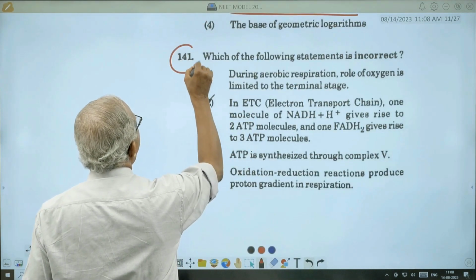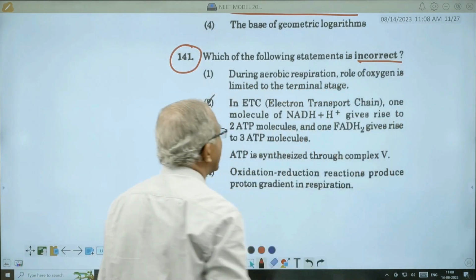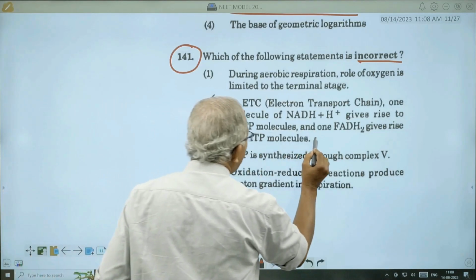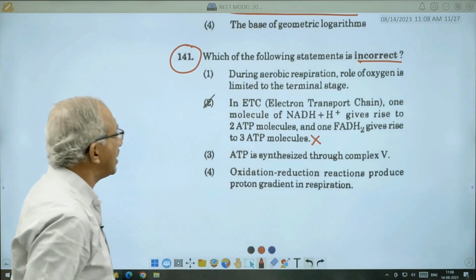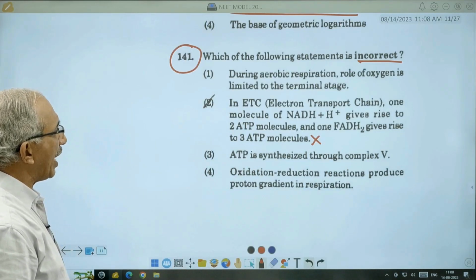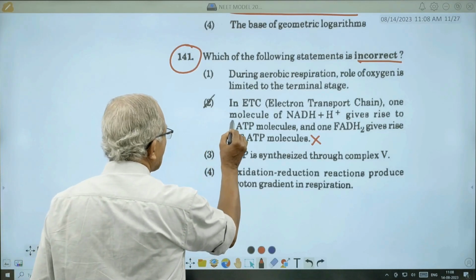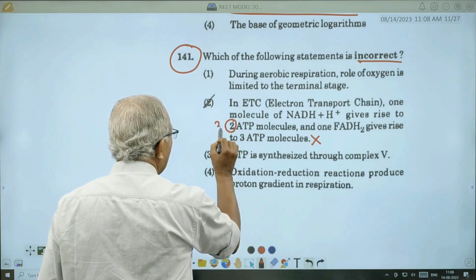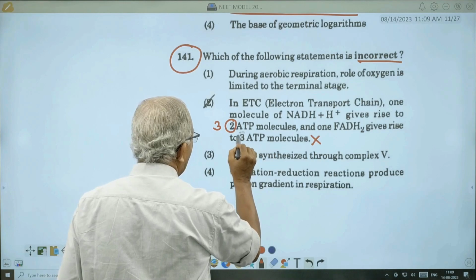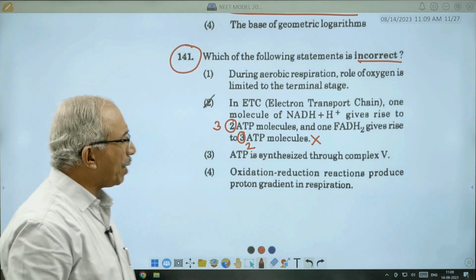141. Which of the following statements is incorrect? Statement number 2 is incorrect because in ETC, one molecule of NADH plus H plus gives rise to 3 ATP molecules, and one FADH2 gives rise to 2 ATP molecules.